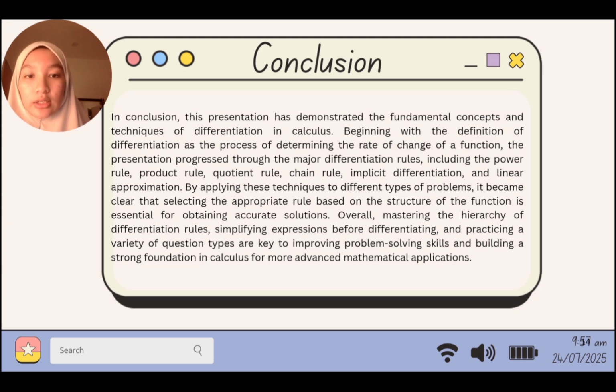By applying these techniques to different types of problems, it became clear that selecting the appropriate rule based on the structure of the function is essential for obtaining accurate results. Overall, mastering the hierarchy of differentiation rules, simplifying expressions before differentiation, and practicing a variety of question types are key to improving problem-solving skills and building a strong foundation in calculus for more advanced mathematical applications.